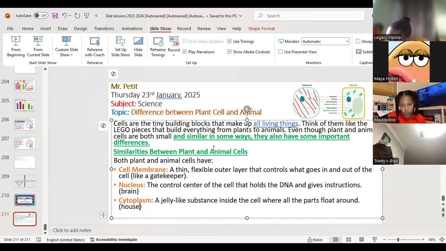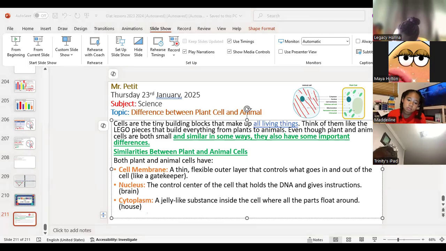So they're inside of it. That's where all the substances are going to float around in the cytoplasm. Okay, so the brain is the nucleus. The cytoplasm is the swimming pool.